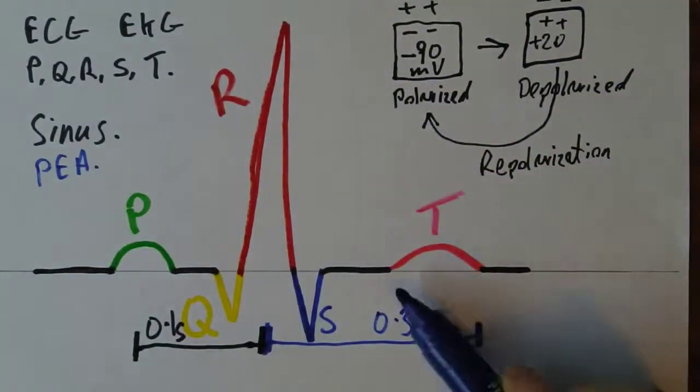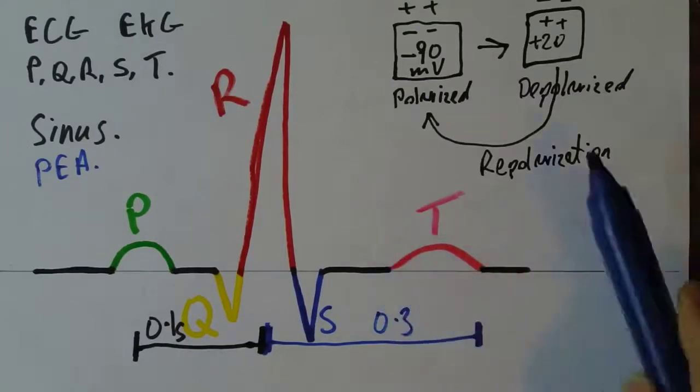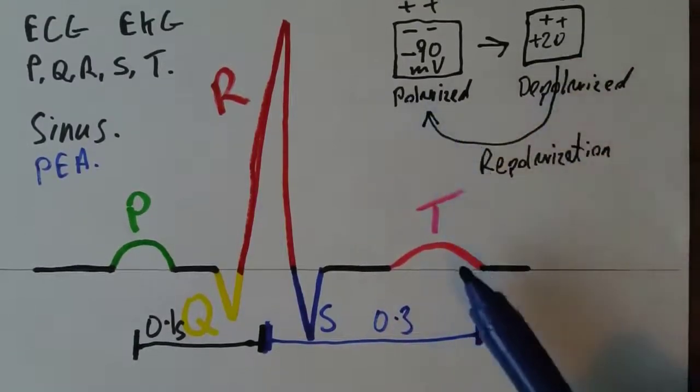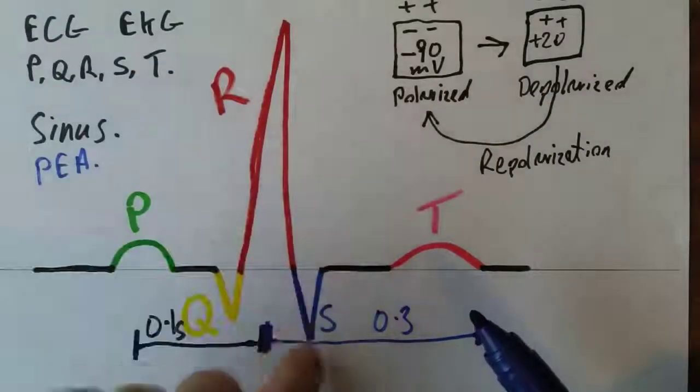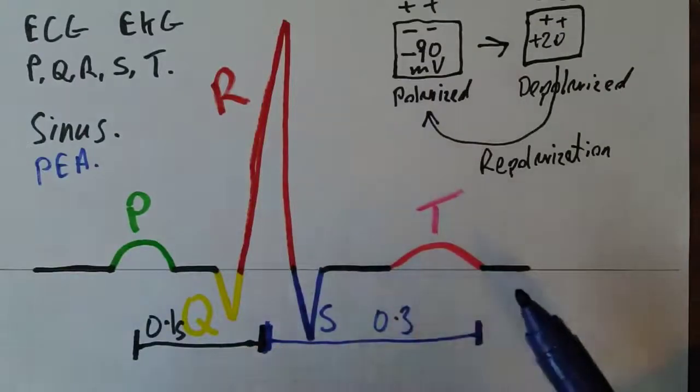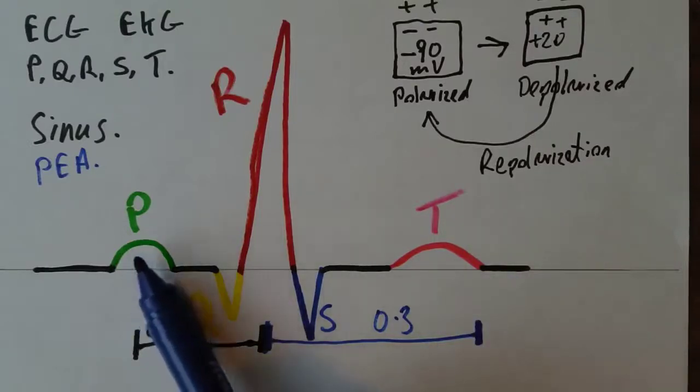Now, we've said that the T is the repolarization of the ventricle, the ventricular myocardium, which we see here. So P is depolarization, QRS is depolarization, T is the only one that's repolarization. So obviously, we're going to need a repolarization of the atrial myocardium, but we don't see that.